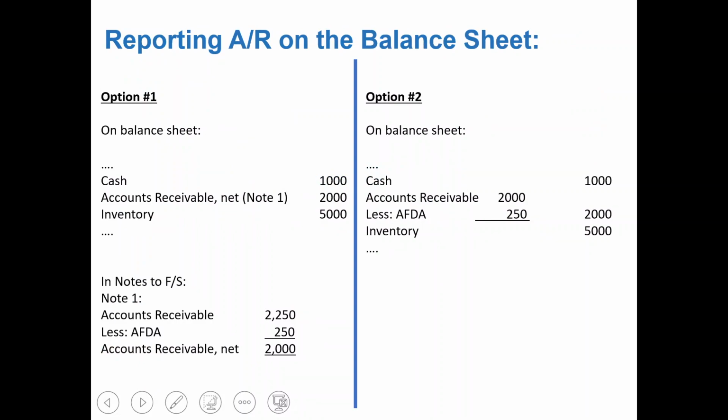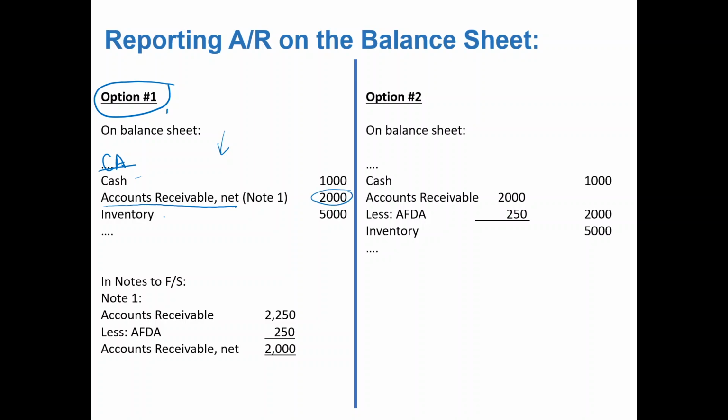So here's an example of the two options that you could see. So this is just a partial look at a balance sheet. So we've got our current assets here, we have cash, we've got some inventory, and you can see now that all we're showing is accounts receivable net, and the amount is $2,000.